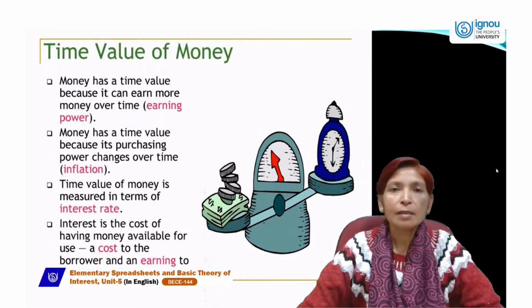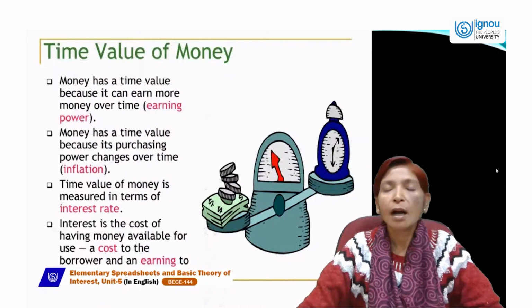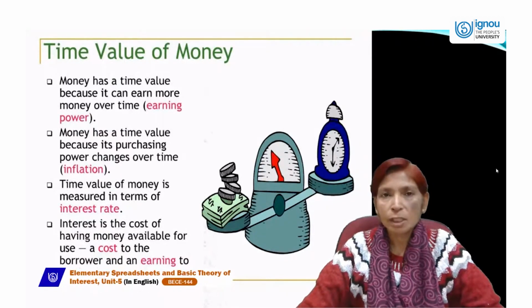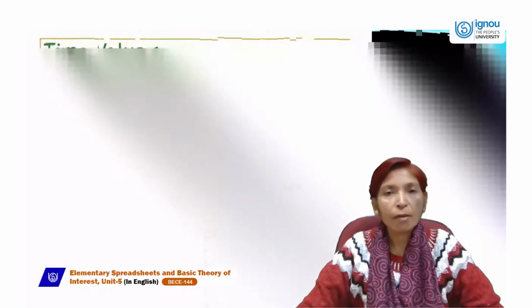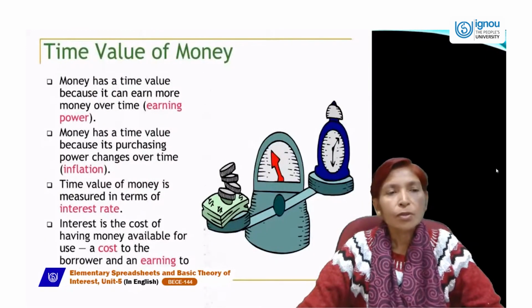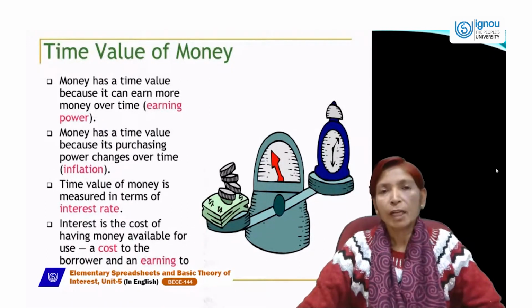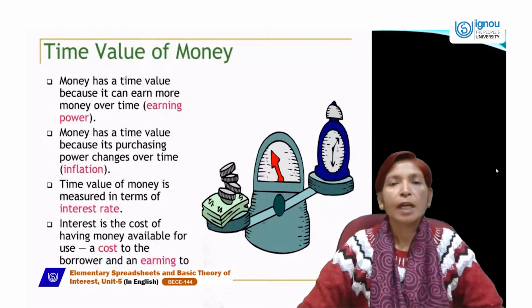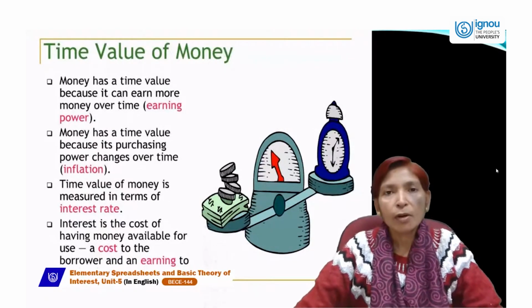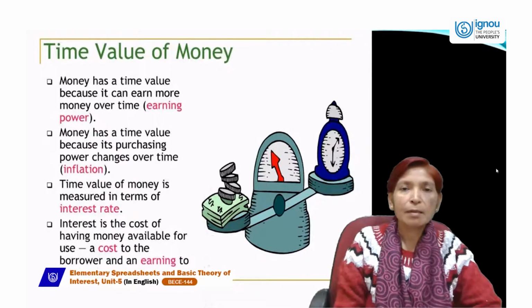When people earned 100 rupees, at that time the value of money was higher. But at present, people are earning too much money, while the value or purchasing power of money is decreasing. So the time value of money is the value which we can find out with the help of the existing money supply.